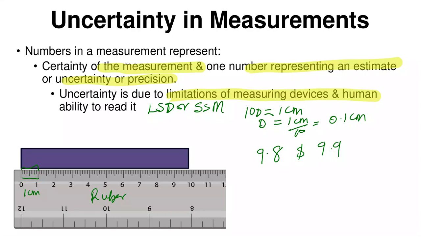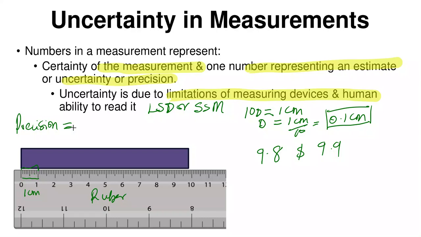The best way to estimate that is to first figure out the precision of that rule. How we do that is, when you get the least scale marking division, the LSD or the SSM, you estimate it by one extra digit. So we're going to add one more digit. Remember, the precision is different from the least scale marking.